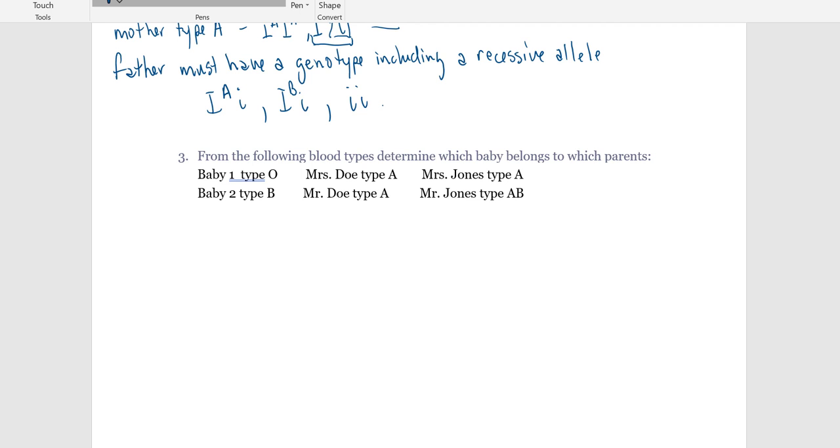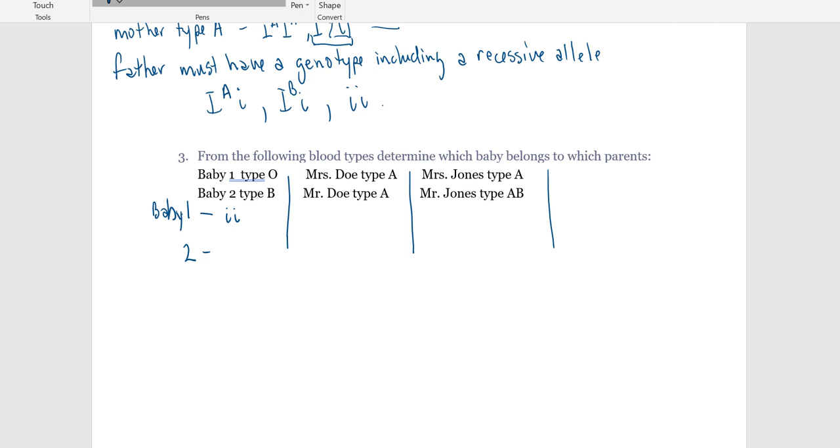Okay, final problem. So we've got babies and parents, and we're trying to figure out which baby belongs to which parents. So we're going to start by putting in all the possible genotypes that we can figure out. So we've got baby one, right? And baby one is type O, so that has to be recessive.